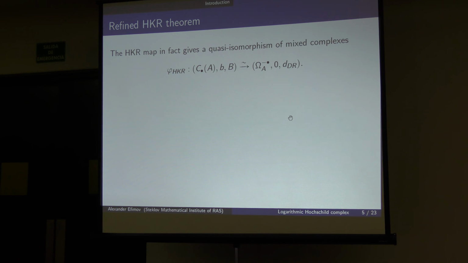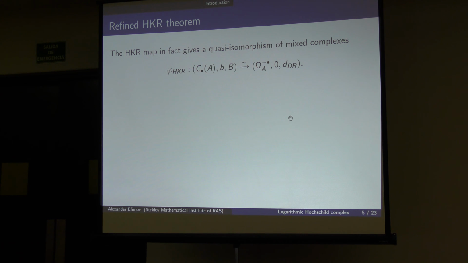Yeah, and this Hochschild-Kostant-Rosenberg map, which was mentioned above, gives actually a quasi-isomorphism of mixed complexes, where we have this Hochschild mixed complex, and we make the de Rham complex into a mixed complex in a bit strange way.